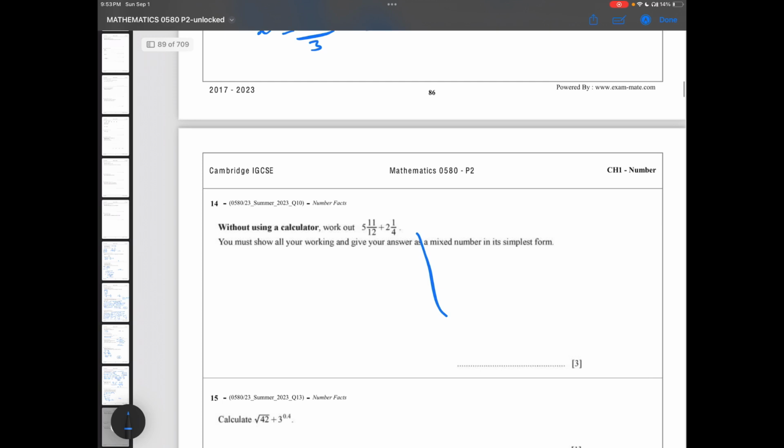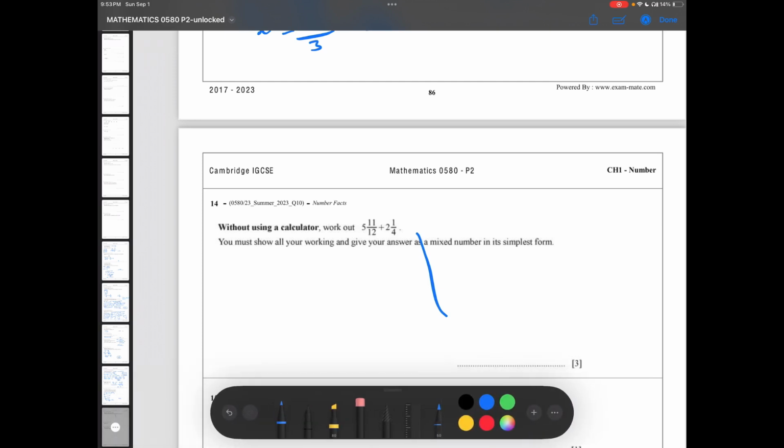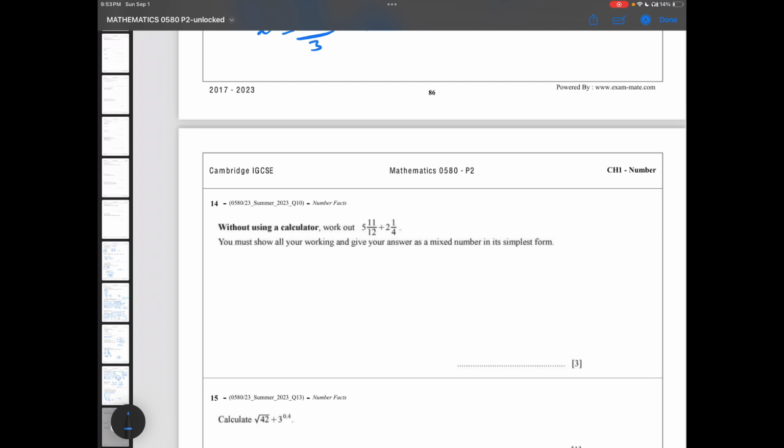Now we are moving to question number 14. It says, without using a calculator, work out 5 whole 11 upon 12 plus 2 whole 1 upon 4. We must show all our working and give our answer as a mixed number in the simplest form.